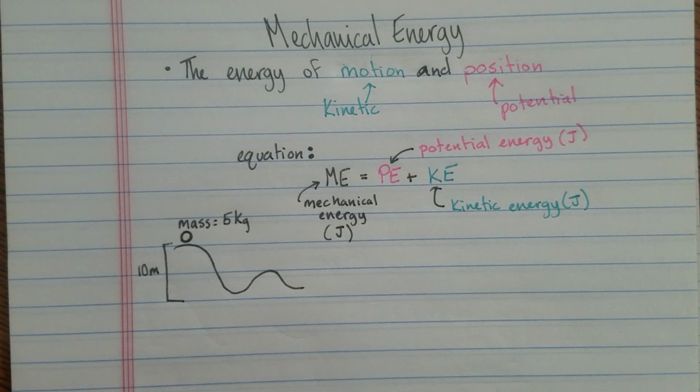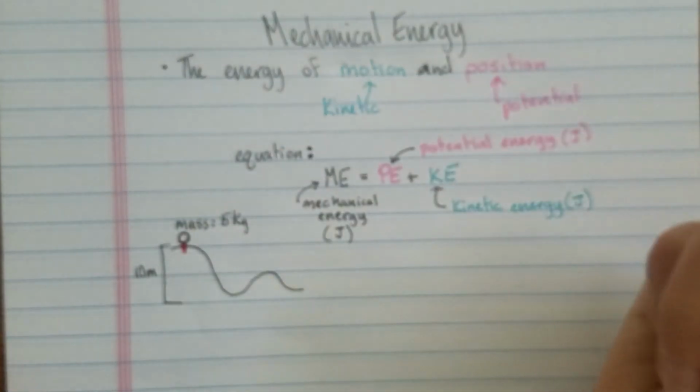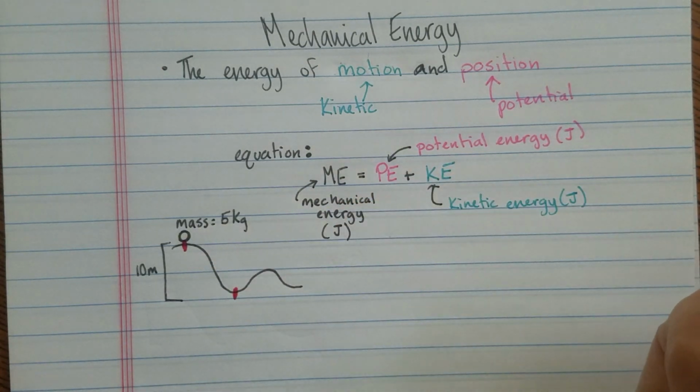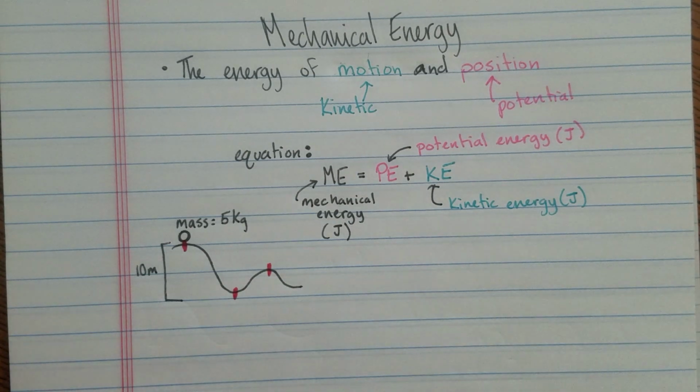And that includes finding the potential and kinetic energy at different points along your roller coaster. So let's do 3 points. Remember, you can pause this video at any time, follow along, or rewatch it.